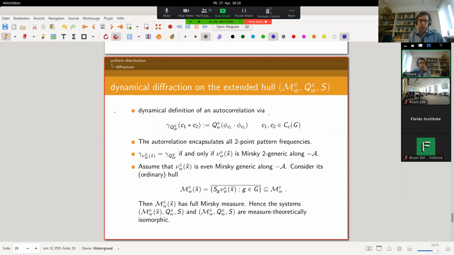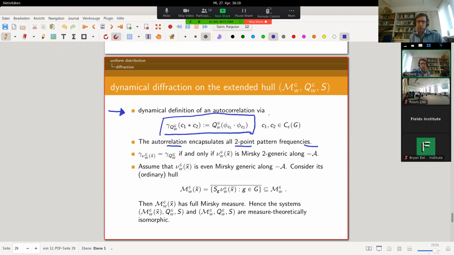You can also describe the dynamical diffraction by saying I have a natural autocorrelation here, which we can define by looking at all evaluations of the Mirsky measure on products of two test functions. This means that the autocorrelation, as we know, encapsulates all 2-point pattern frequencies. This is one possible definition here.